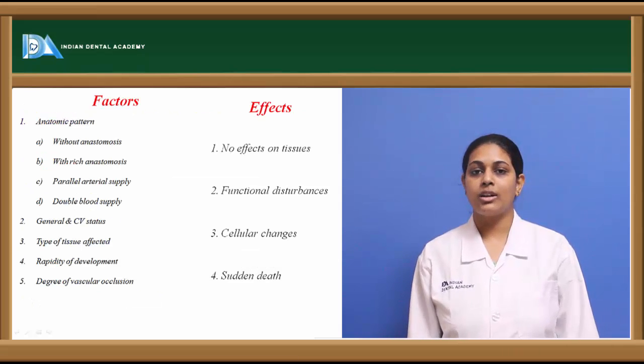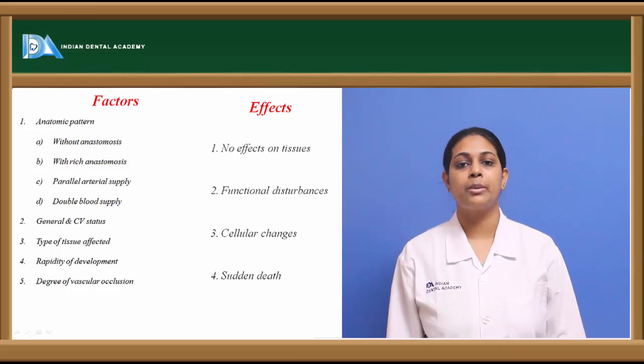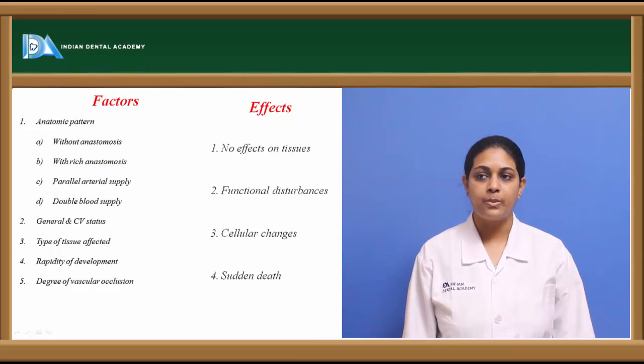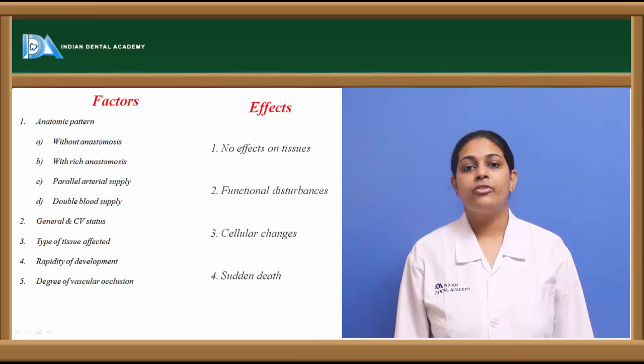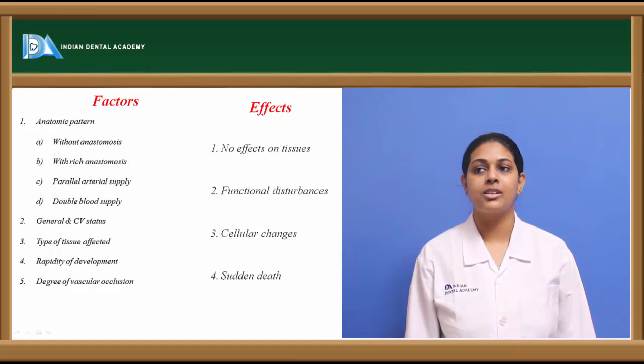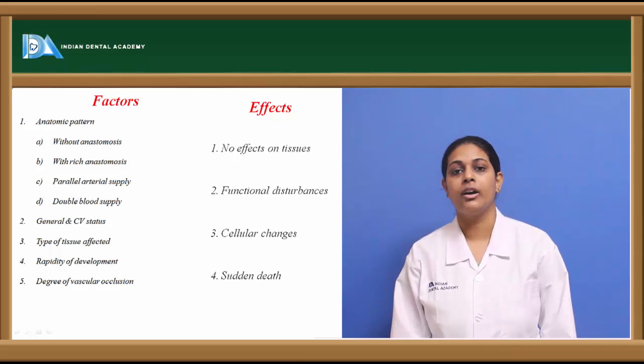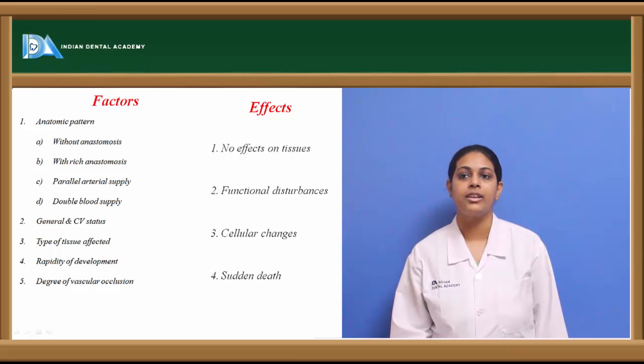Coming to the factors which affect the ischemia condition, it is based mainly on the anatomic pattern. If it is a single arterial supply without any anastomosis, then it might result in a varied range of loss of blood supply and result in ischemia.